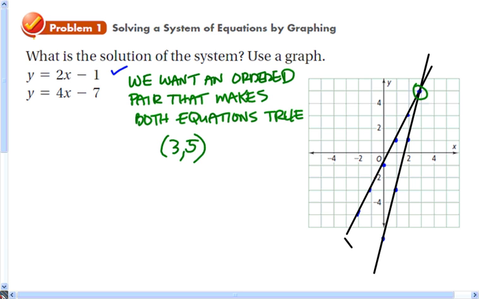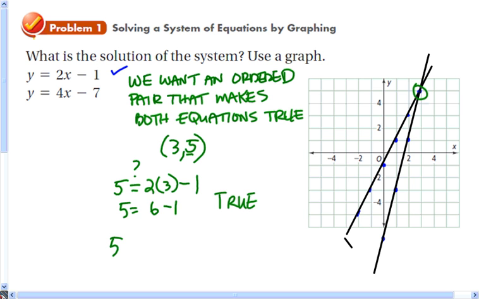Now, just to check that, that point should make both those equations true. In other words, if y is 5, so in the first equation, if I say 5 is equal, substituting these values in for x and y, to 2 times 3 minus 1, we hope that's true. And 2 times 3 is 6 minus 1, which is 5. So that is true for that one. Now it also has to be true for the other equation.